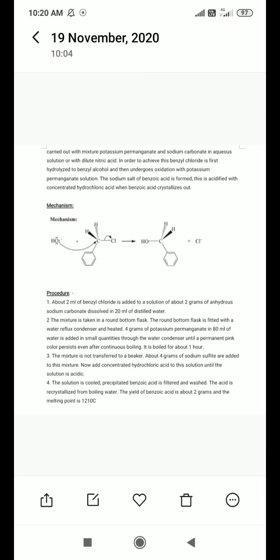Why are we adding that HCl? Because benzyl chloride is converted into benzyl alcohol, which is converted into the sodium salt of benzoate. We have seen in the reaction that the second last product is sodium benzoate.